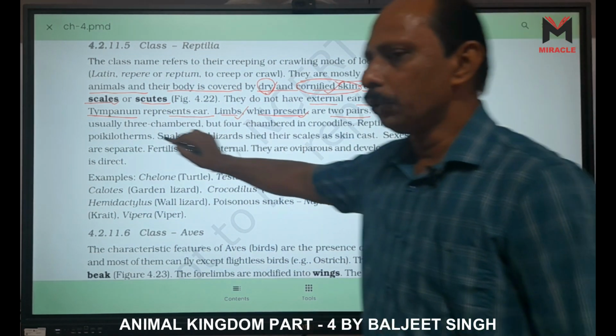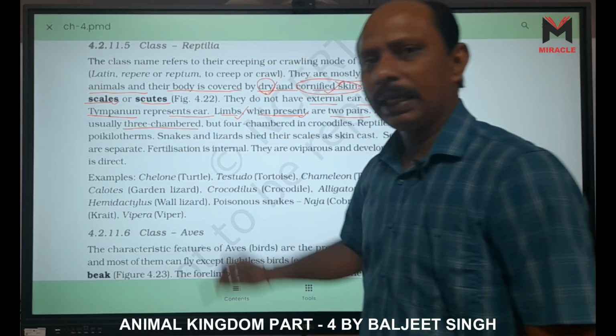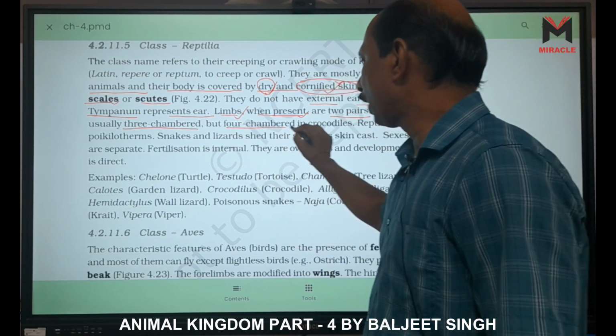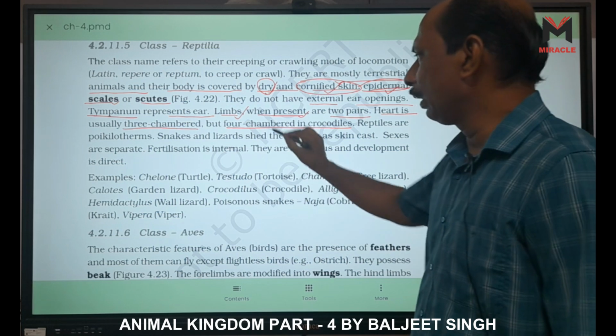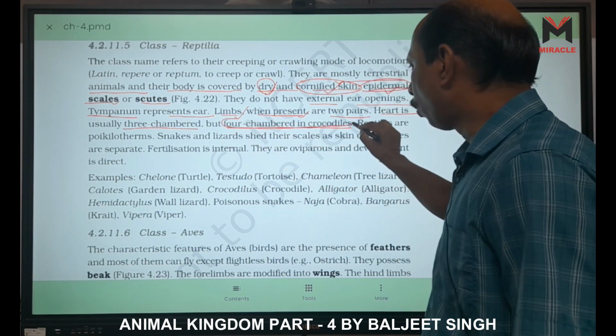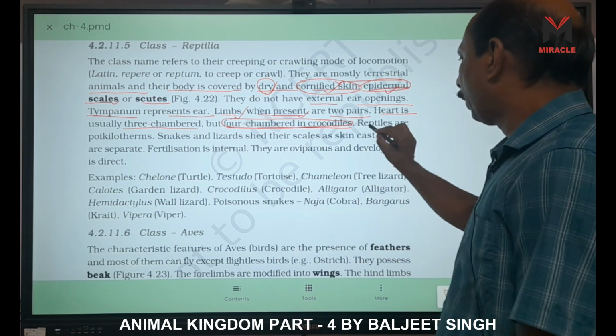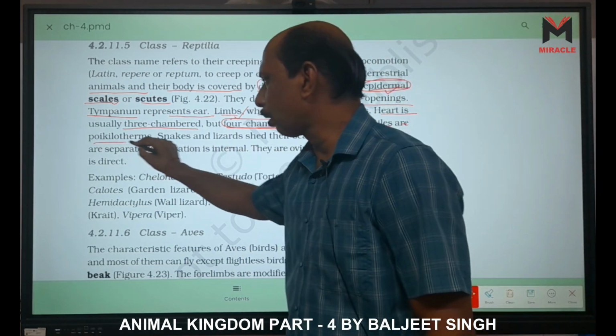The heart is usually three chambered, like in amphibians, right? But four chambered in crocodiles. One exception is there. Which exception? Crocodiles. They have a four chambered heart. Reptiles are poikilothermal.